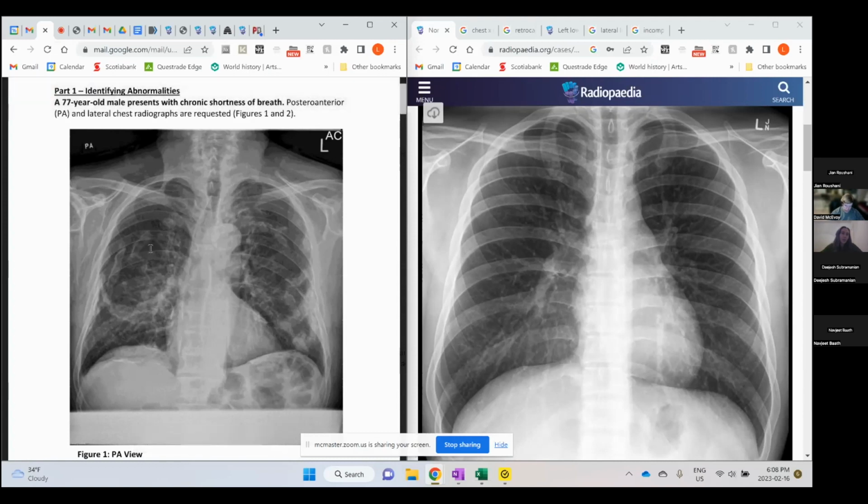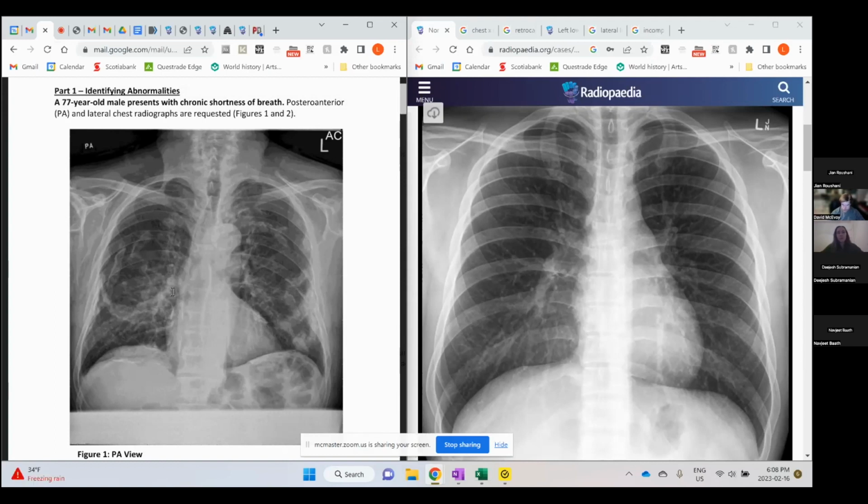A mass is not a consolidation. A consolidation is something filling up the alveoli, and a mass doesn't really fill the alveoli. So it's best to stick to opacity or lucency.